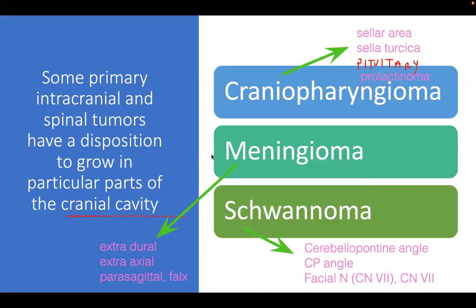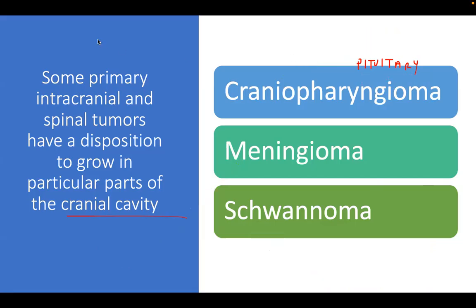Okay, so this shows you that there are particular tumors which grow in particular areas. You can also see schwannomas in the spinal cord, okay?